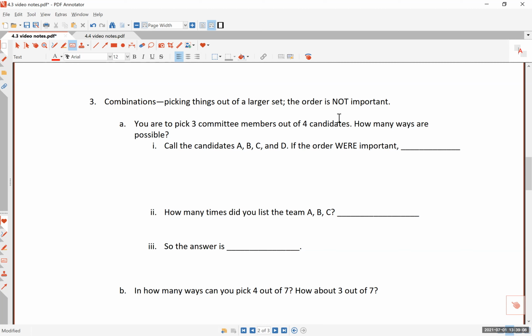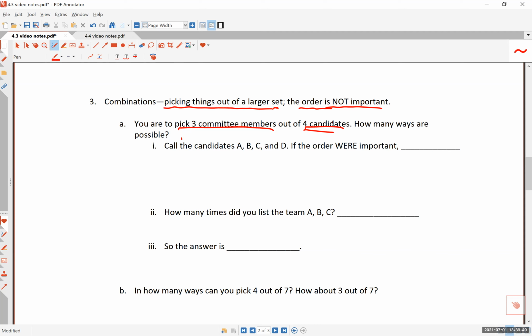What is a combination? A combination is similar to permutations. You're picking objects out of a large set, like 8 books or 10 books or 8 runners. But in this case, we're just picking a certain number of those things, and the order is not important. For instance, if you were to pick 3 committee members out of 4 candidates, there are 4 people available, you're picking 3.